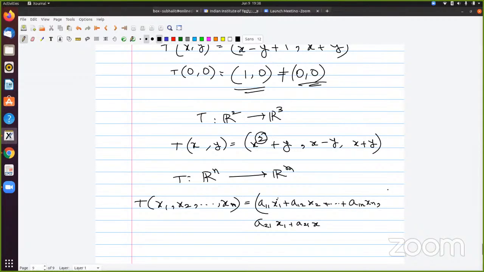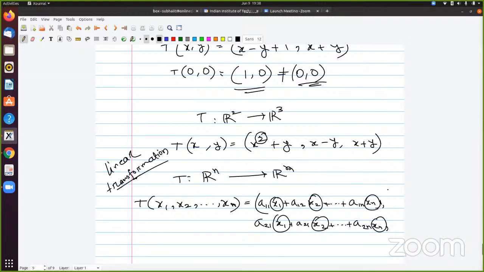All these coordinates should have power at most 1 or 0. Is it making sense? Yes, sir. It should be a linear combination basically, because that's where the name linear transformation came from. The combination should be linear. It cannot be quadratic or cubic, nothing.